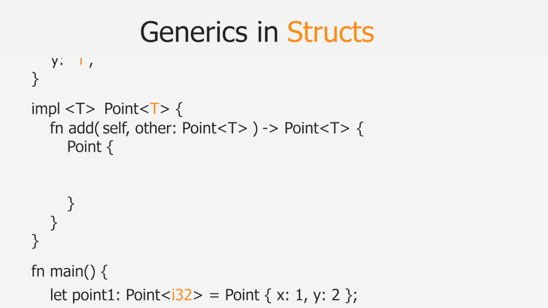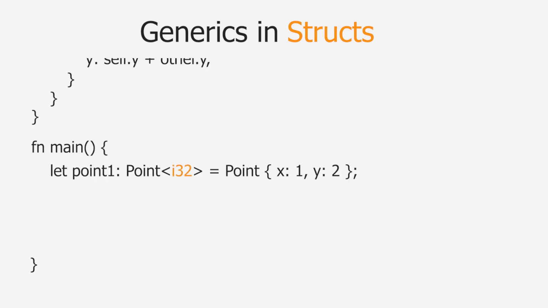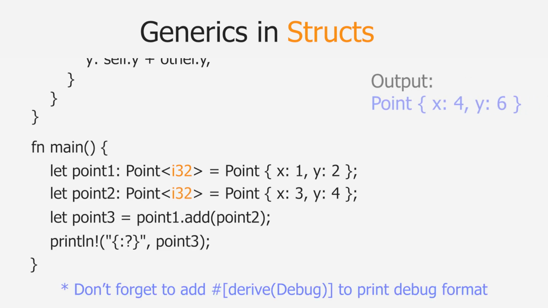Here in the Point expression, we can add x of self with the x of other. Same for y. Since we added two generics, these x and y should have the Add trait. So we need to mention that for the generic here, like in the previous example what we have seen. Now we can declare 2 points and then add them to get the sum. Output of this program will have the 2 points added for x and y.